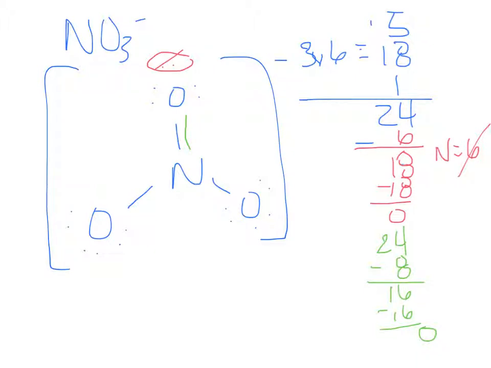I forgot about that. The last thing I want to show you real quick is something that is electron deficient. So let's say we did BH3. Boron only has 3 electrons, and hydrogen has only 1 each, which gives us a total of 6.